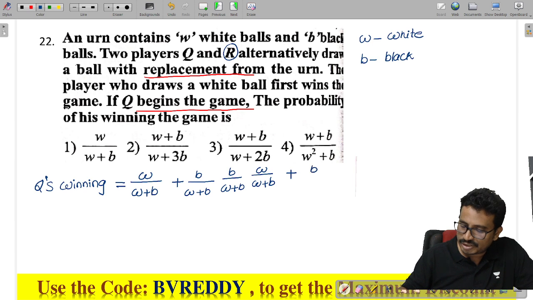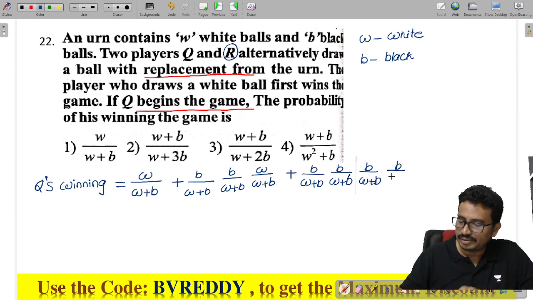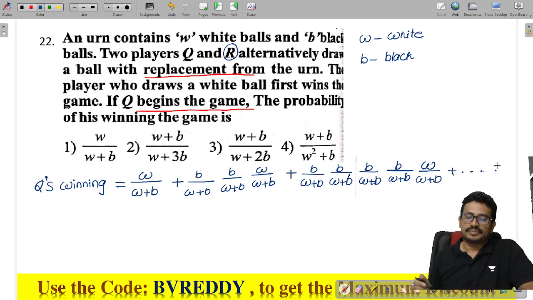For that, the first time Q has to fail, the first time R has to fail, the second time Q has to fail, R has to fail, and the third time Q has to win. Isn't it? Like this it will continue.